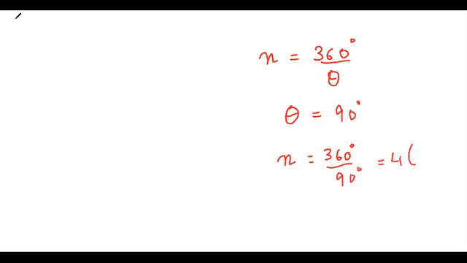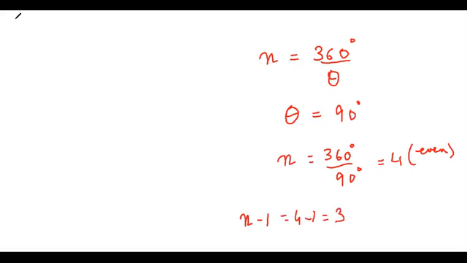And since 4 is an even number, therefore the number of images formed in case of even is always n minus 1. That is 4 minus 1, 3 images.